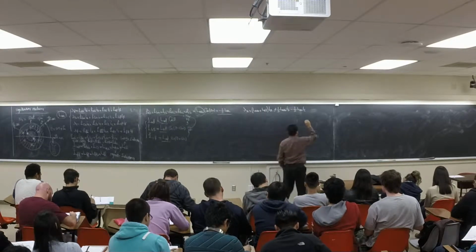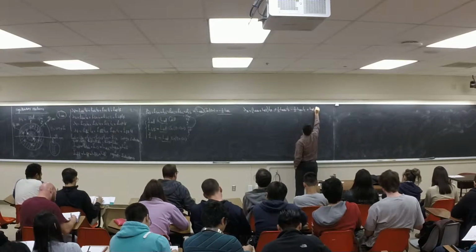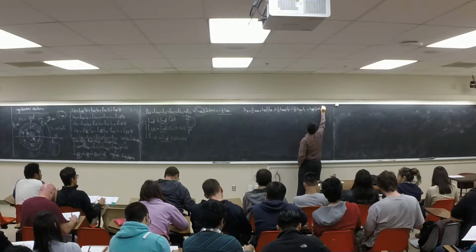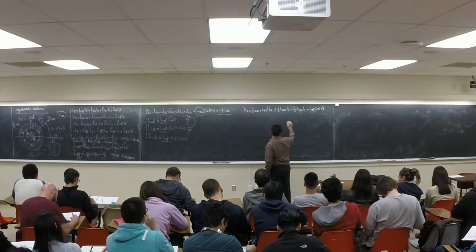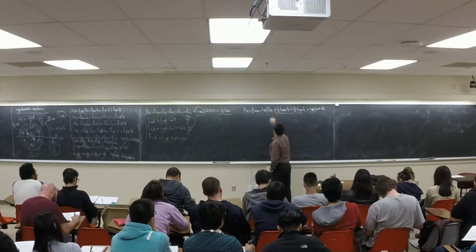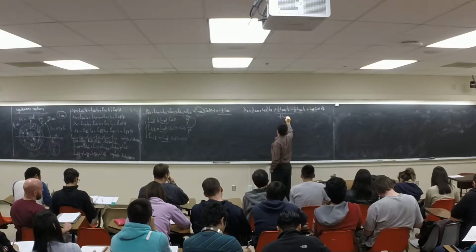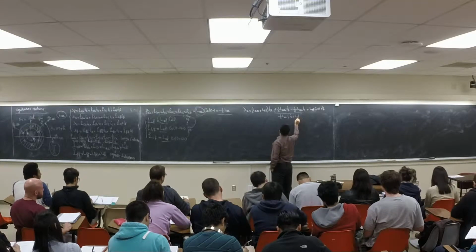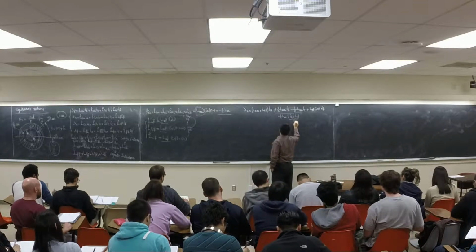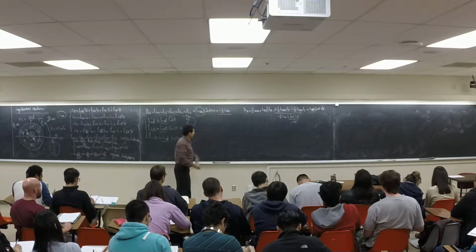Plus LAF cosine theta times IF. Right? Let's look at this one. I'm going to simplify it. Let's factor in 1 over 2 LAA0 is going to be IB plus IC. How much is IB plus IC? Minus IA, right? So let's write it down again.